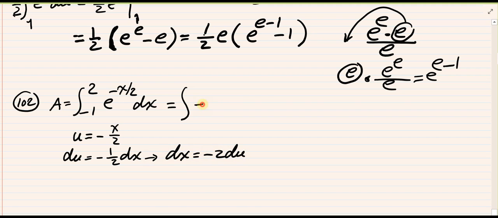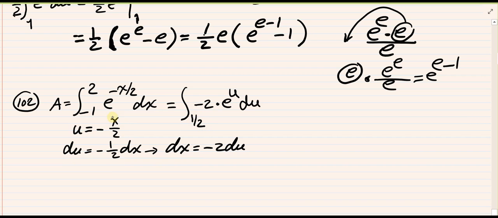So this is going to be negative 2 times e to u and then du. The limits of integration: when x is negative 1, this makes u equal to 1/2. When x is 2, it becomes negative 1.